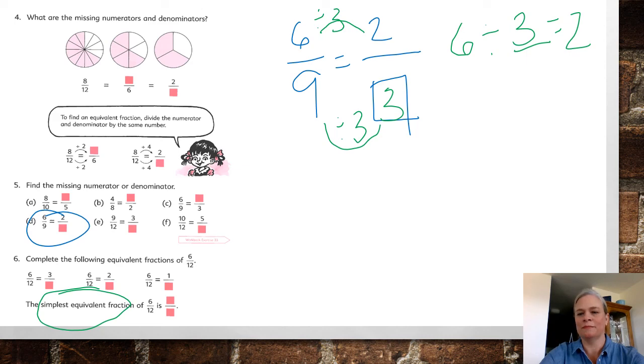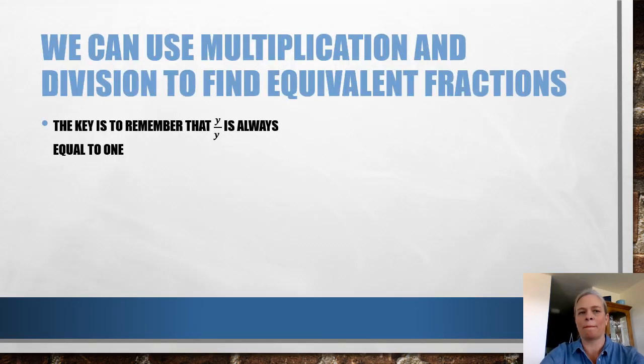So a couple keys: you can use both multiplication and division to find equivalent fractions. But please remember that you can go back to your number lines, your fraction strips, and making diagrams. All of that is important so that you understand what you're doing. Remember that anytime you have a y over a y, that's an algebraic way of talking about this.